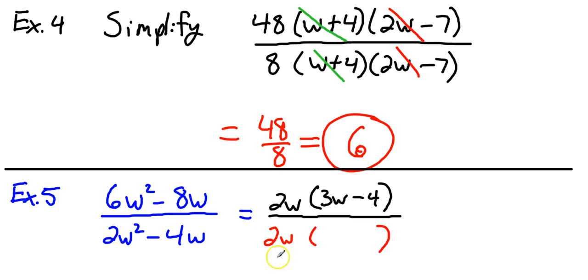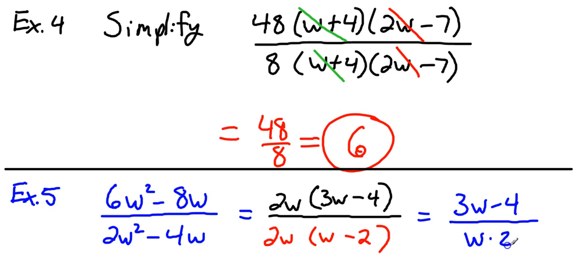Well, 2 divided by 2 is 1, and we've got the W. 4 divided by 2 is 2. Took the W out. And now we're basically back to the same problem we had in 4. You cancel out anything that's common. Well, nothing here, but you've got a 2 here that you can cancel and a W here that you can cancel. So that's 3W minus 4 on the top, and W minus 2 on the bottom.